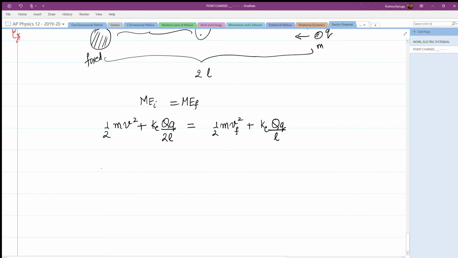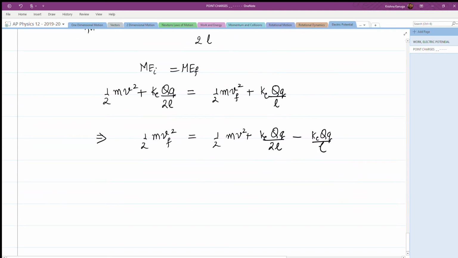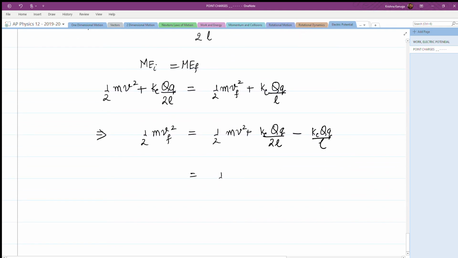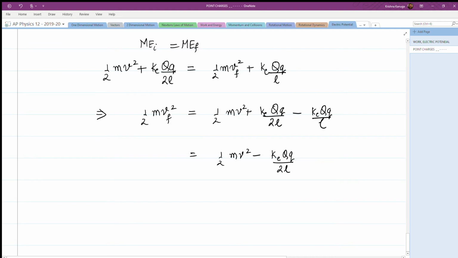Now we can solve this by moving terms to the other side. So we get 1/2 mvf squared is equal to 1/2 mv squared plus kQq over 2L minus kQq all over L. Now when you do this, we are left with minus kQq over 2L, because when you subtract a half minus 1, you end up with a negative half.